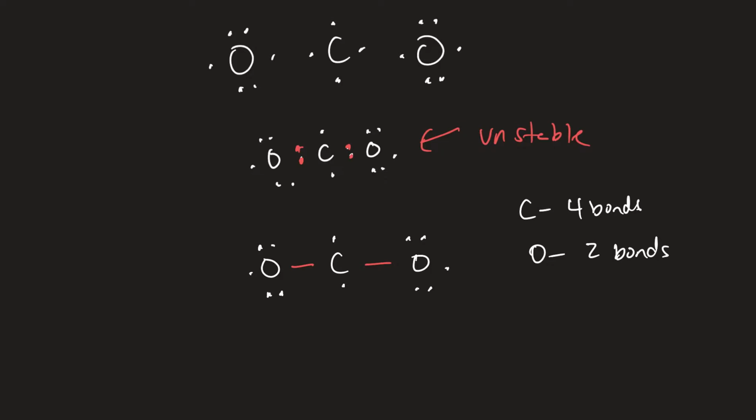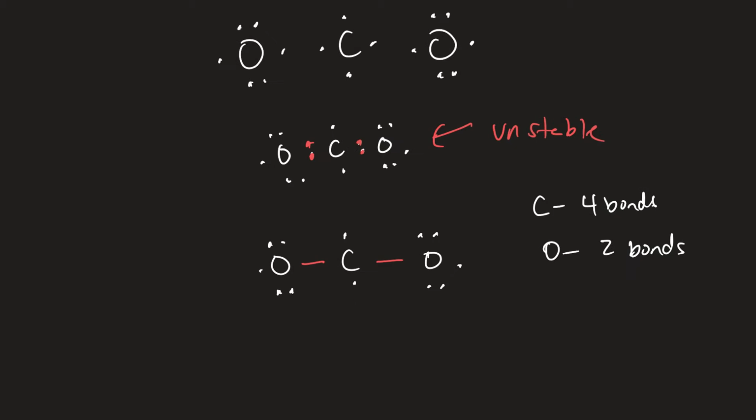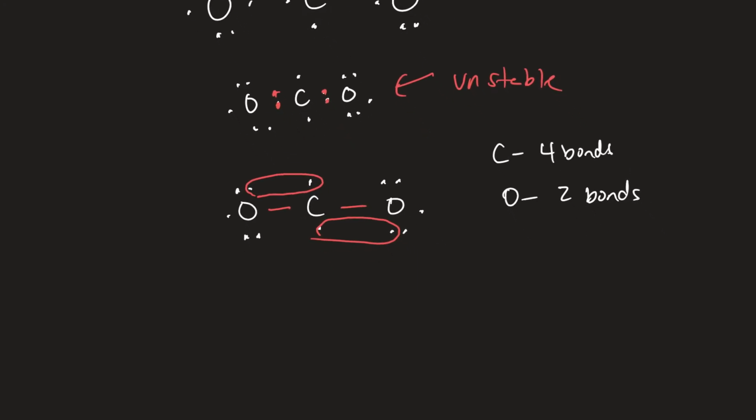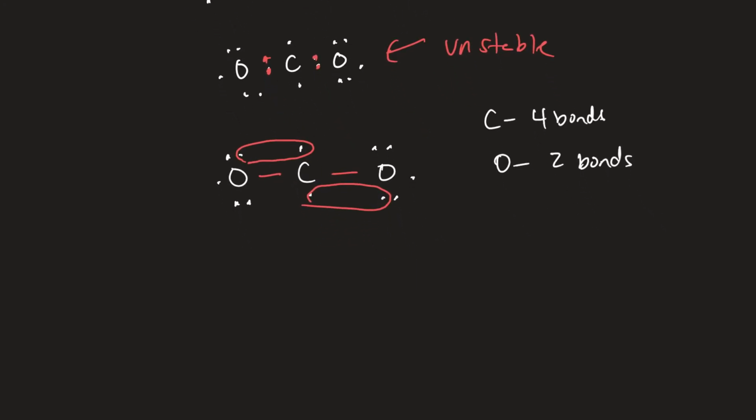What can happen at times is that atoms form multiple bonds with one another. In this case, we're going to share another set of electrons. For example, I'm going to make these two into a bond. Between the oxygen and this carbon, they're going to share those 2 electrons, and the same thing here. I'm going to redraw this and reorganize it so it looks better.